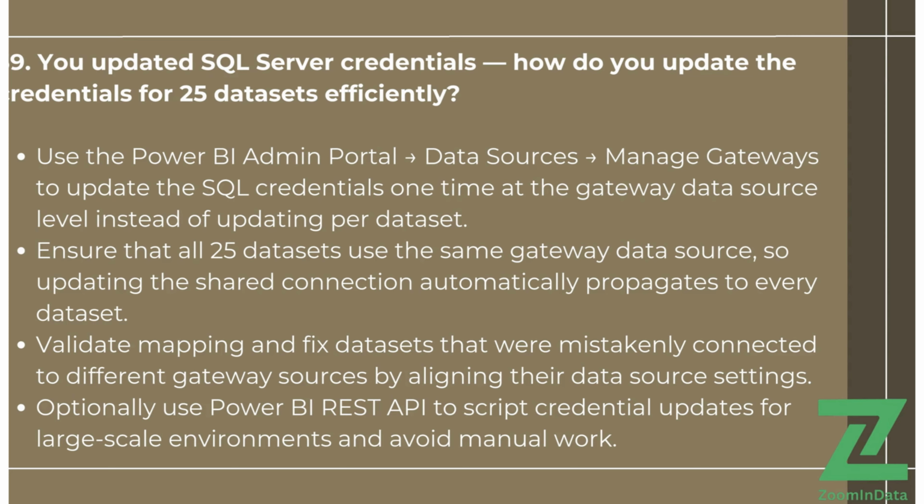Ensure that all 25 datasets use the same gateway data source, so updating the shared connection automatically propagates to every dataset. Validate mapping and fix datasets that were mistakenly connected to different gateway sources by aligning the data source settings. Optionally use Power BI REST API to script credential updates for large-scale environments and avoid manual work.